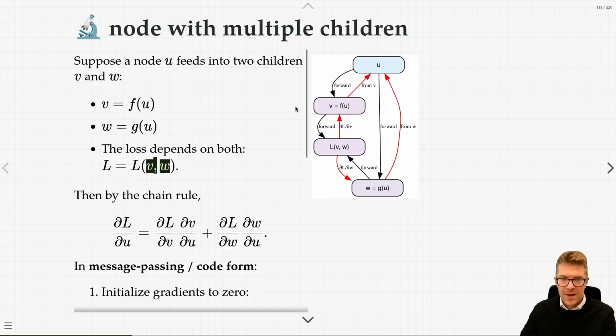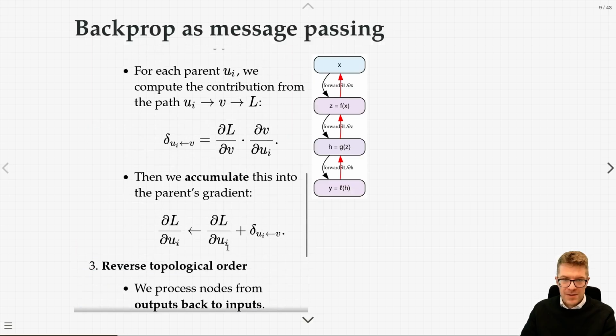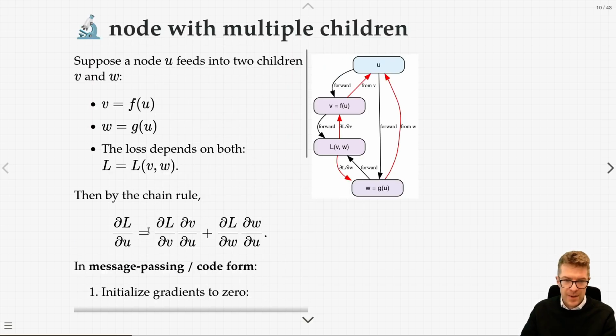So what we've been doing with this accumulation over here is essentially what this addition is doing for this very simple graph. We want the derivative of the loss with regards to u. The loss is the last node in our forward pass, and we want to pass the information back towards u. Well, we need to do this in two steps.